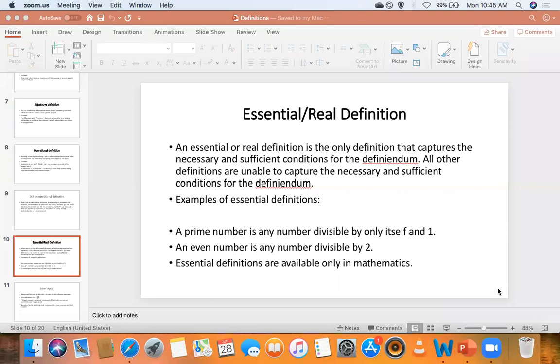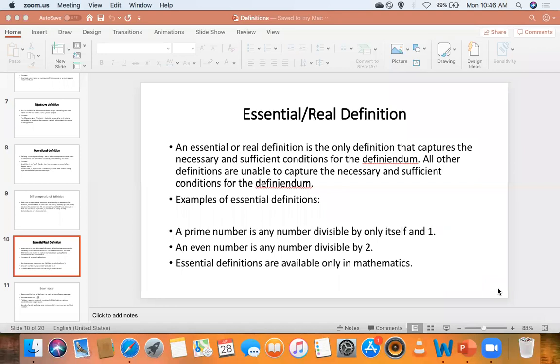If it is going to satisfy the necessary and sufficient conditions for the definiendum, then it has to be an essential definition. You will realize that whenever you take out the definiendum, you can easily put it back. And the definiens of an essential definition can have only one definiendum. It cannot have more than one definiendum.